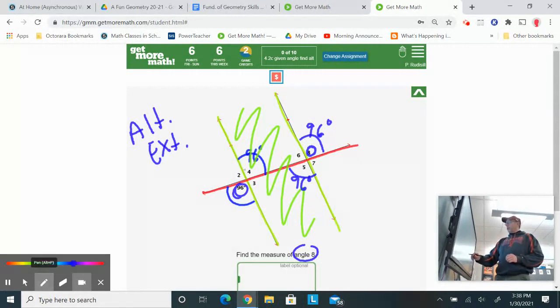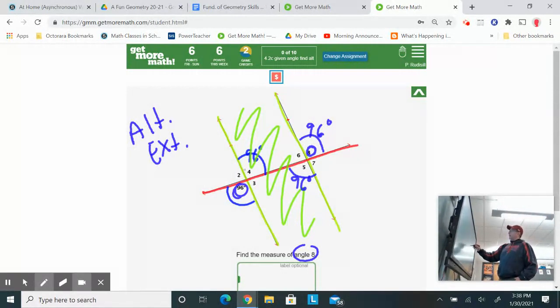So hopefully you're thinking, well, that's interesting, because remember, let's go back to the 96-degree angle. Angle 2 plus the 96 degrees will give you 180. So if I take 180 minus 96, I think it's 84 degrees. So angle 2 would be 84 degrees.